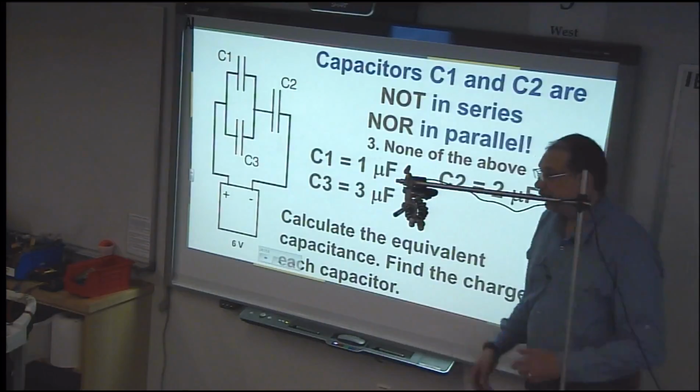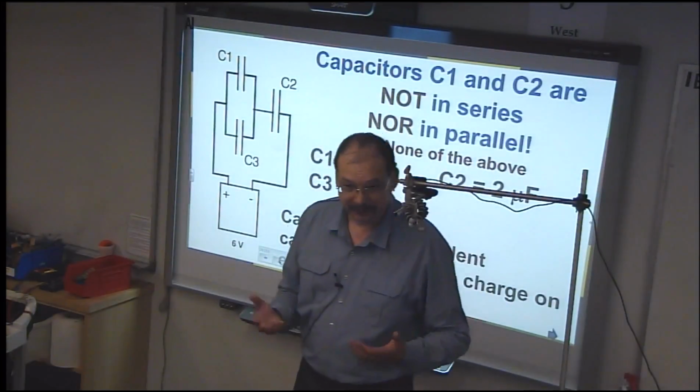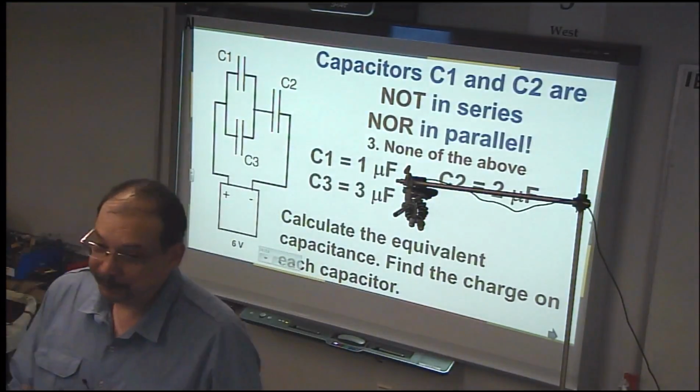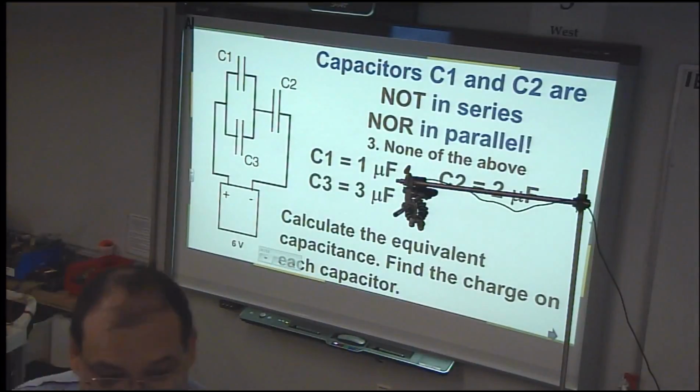So when we have a combination of elements, in this situation, a combination of capacitors, we have to be very careful. And we have to look for at least two elements which are definitely either in series or in parallel.